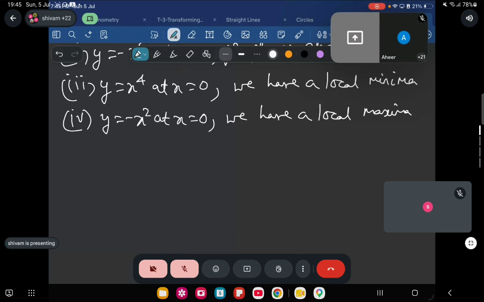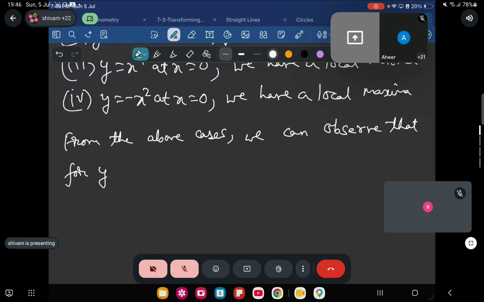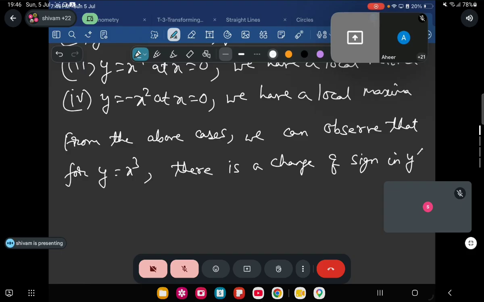So write it down, from the above cases, we can observe that for y equal to x cube, there is a change of sign in y dash.